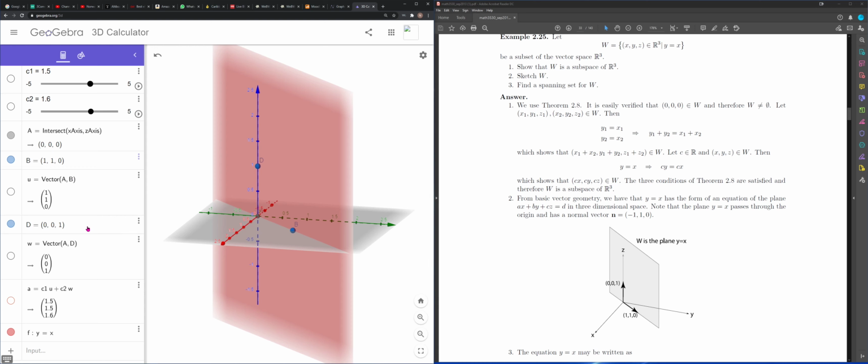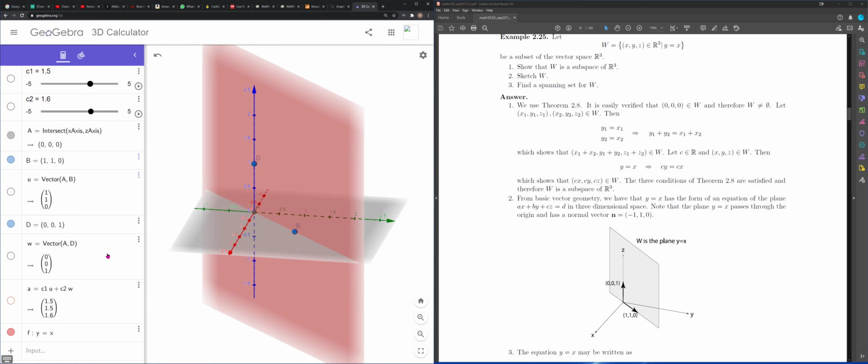Okay, so what would be a next point? A next point would be, say, 1, 1, 0. 1, 1, 0 satisfies y is equal to x, and 1, 1, 0 is this point over here. And what's a third point?